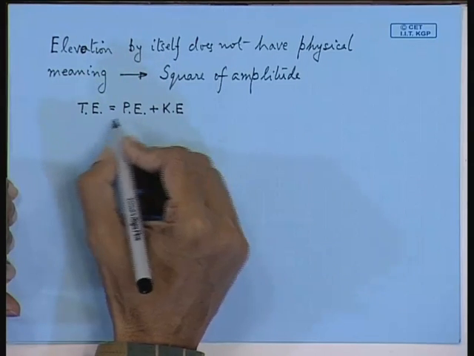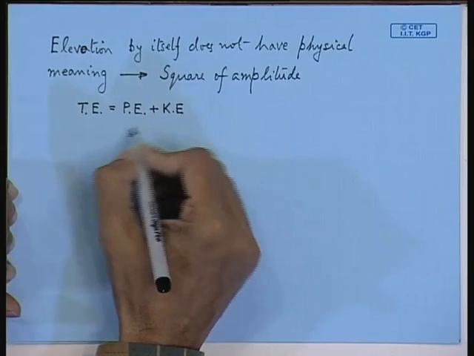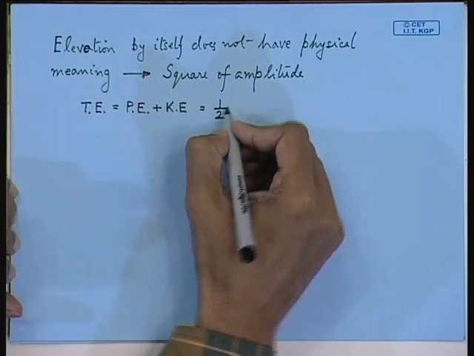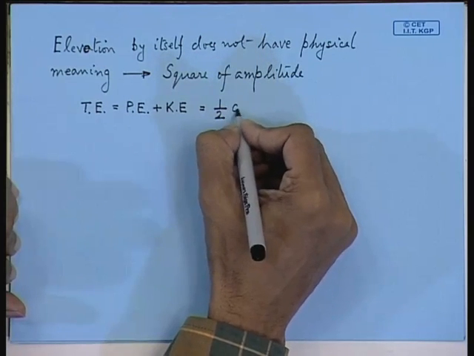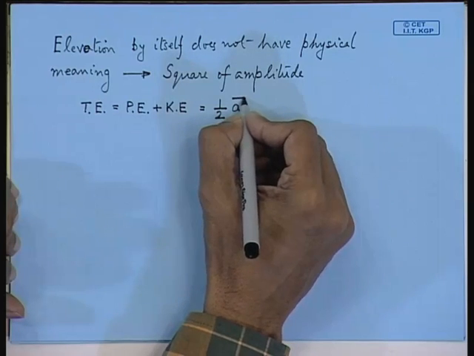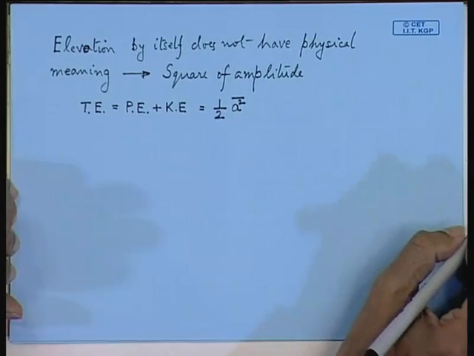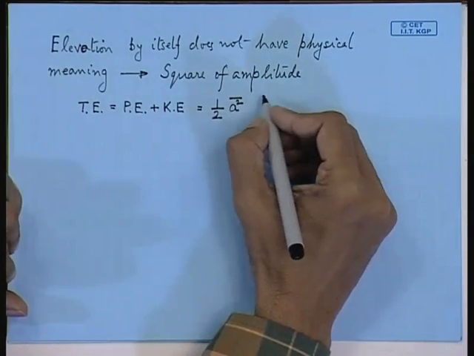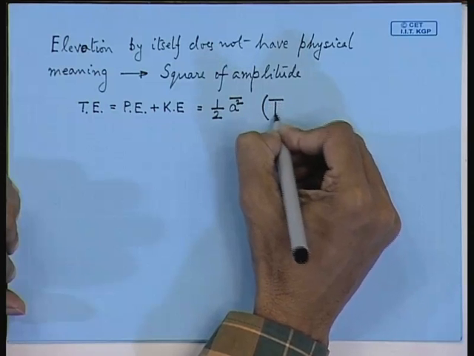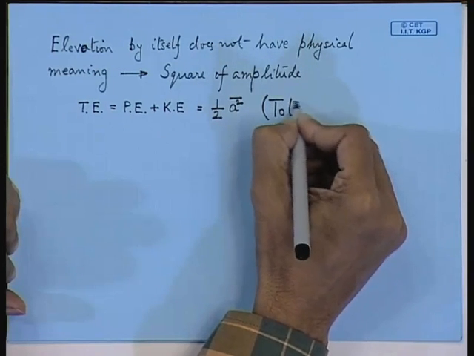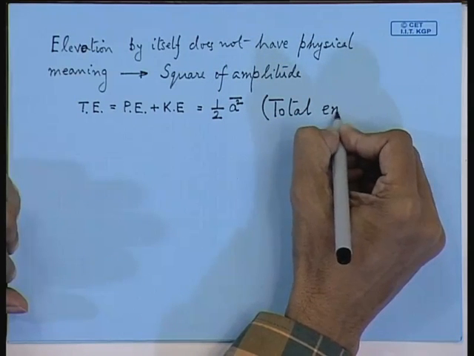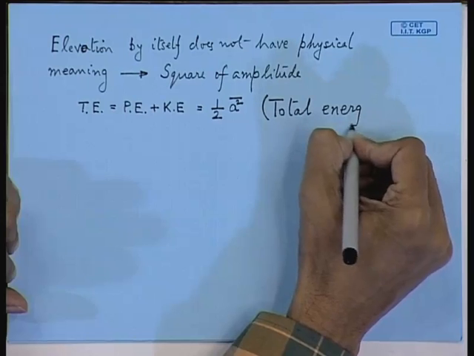I think this is 1/4, and you look it up, and total energy will be half of the square of the amplitude. Bar means I have taken the mean value. So, this is actually the total energy. So, this has some physical meaning rather than simply plotting the amplitude.